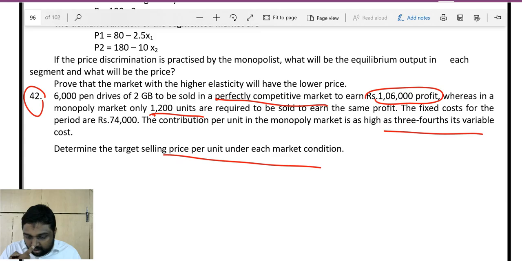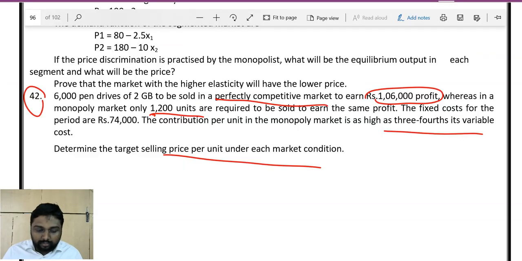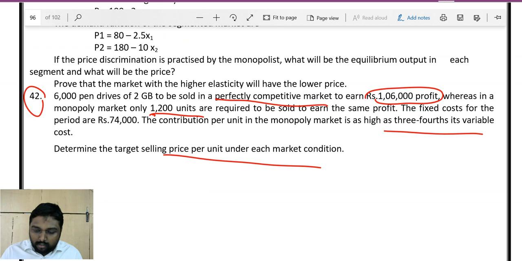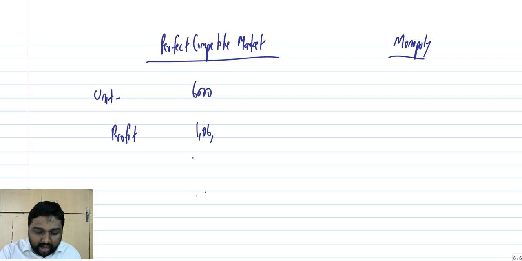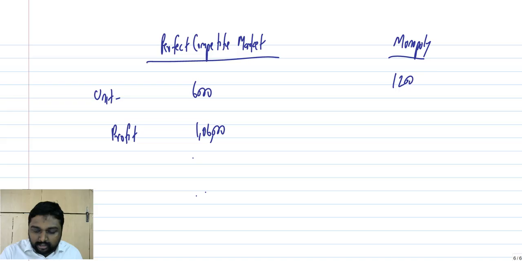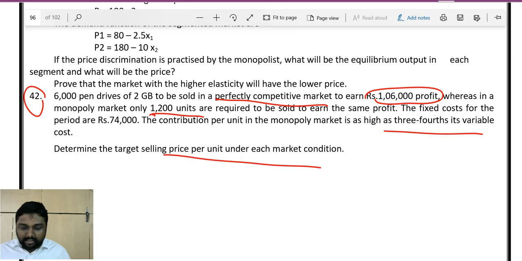Under the perfect market, they sell 6,000 units to earn a profit of 1 lakh 6,000, whereas in monopoly they sell only 1,200 units to earn the same profit. Same means 1 lakh 6,000.